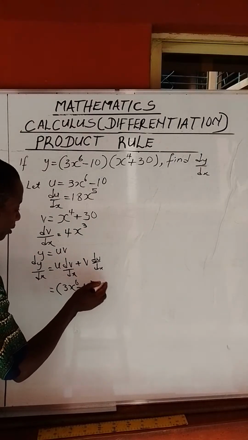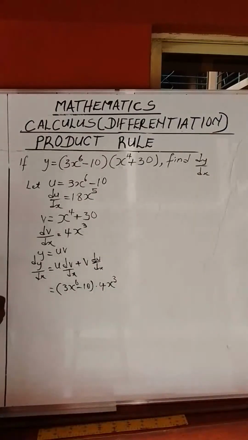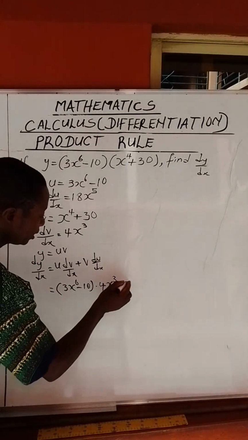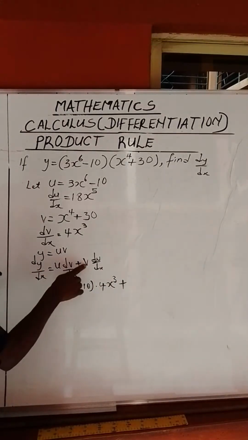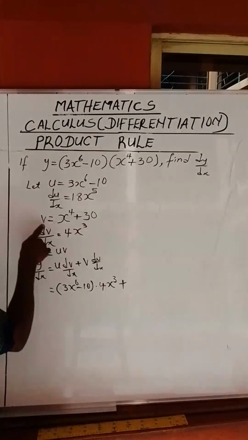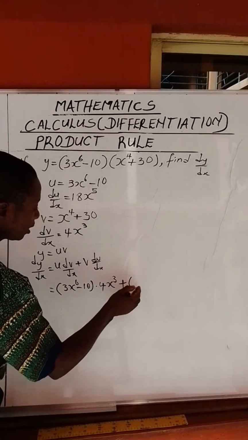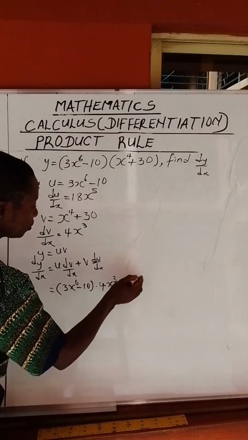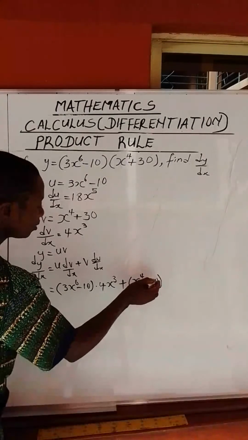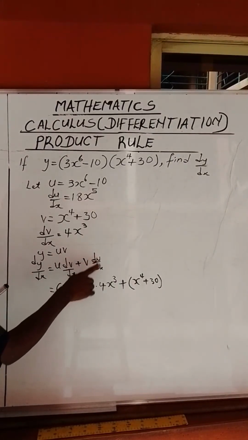So we write 4x raised to 3. This is our dv/dx. Then we add our v. Our v is x raised to 4 plus 30. So we open a bracket and write x raised to 4 plus 30. This is our v, and then we multiply by du/dx.